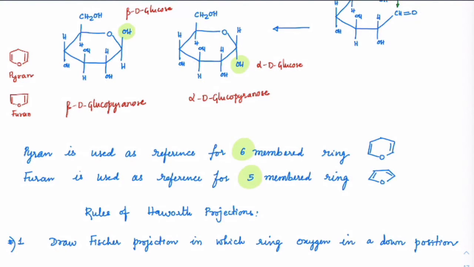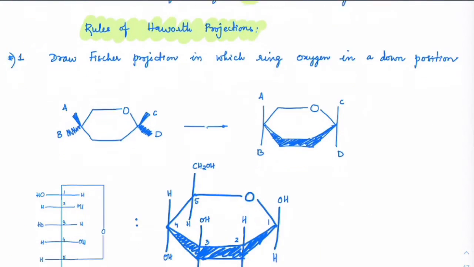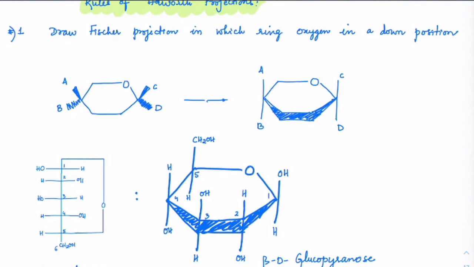So what are the simple rules of Haworth? Now you know how to draw the Haworth. Let us focus on that. First we take the Fisher projection and make it into cyclic form. Got it? On that cyclic form, this is how we write it in normal structure. Imagine this part of it is coming out of the board.